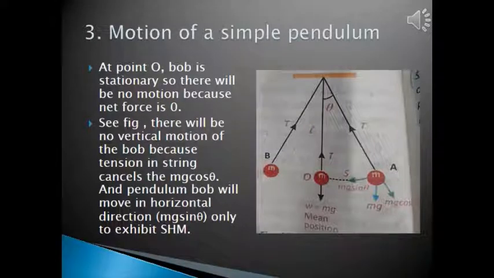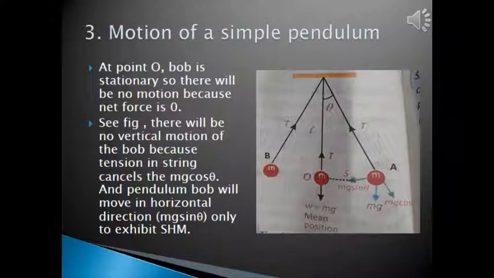It will move in the horizontal direction, back and forth from point O to A to B, B to O, and the motion continues. So the tension in the string will be cancelled by the factor mg cos theta, and the bob will move in the horizontal direction only due to the factor mg sine theta.